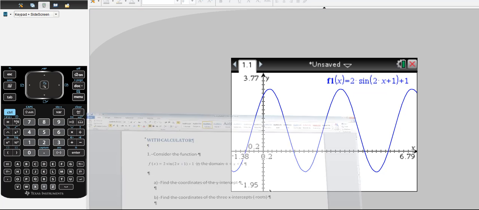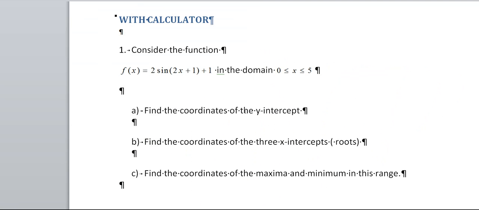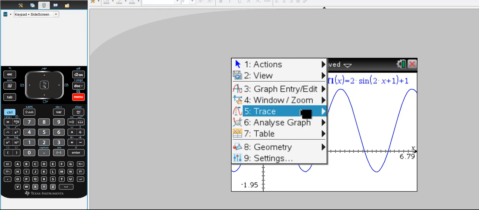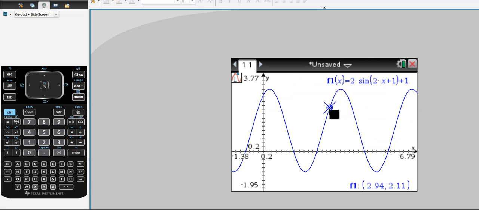So what do we have to do? First we have to find the coordinates of the y-intercept. So when is this function crossing the y-axis? Let's just go to menu and trace, graph trace. Then I just click here once, and then I can just, with the arrow keys, go left until it says y-intercept.